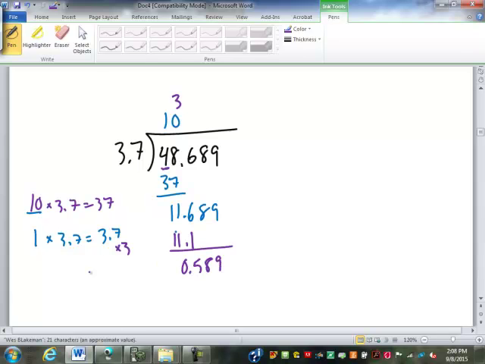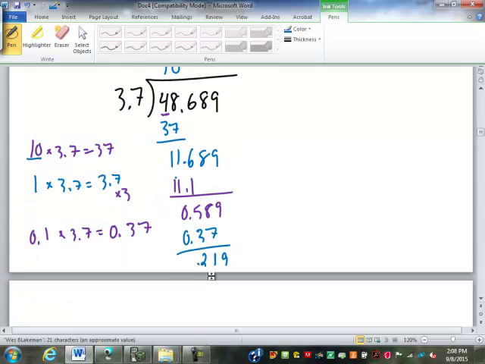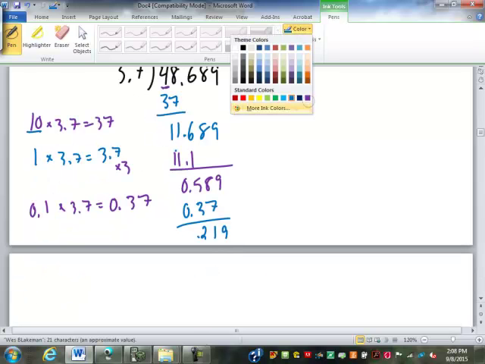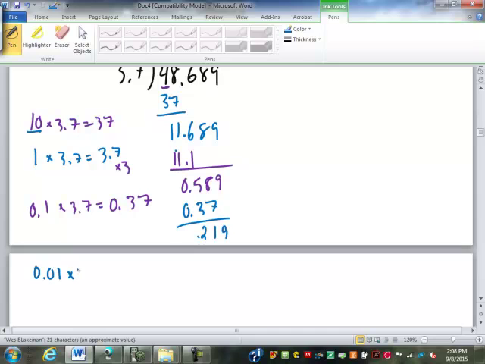0.589. So I do the 0.1, or the tenths place, times 3.7 is 0.37. Can I subtract that? Yeah, in fact, exactly once. So I just did it 0.1 times, giving me 0.219. Next place value is, of course, the hundredths place. So that's 0.037, which I can subtract, what, 6 times maybe?